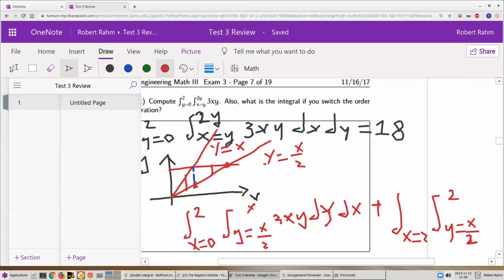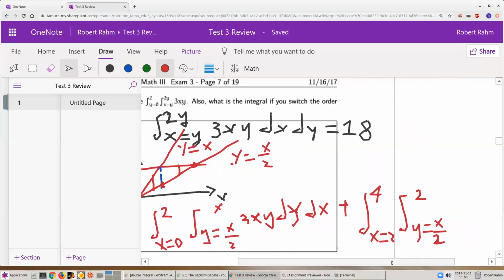So this point satisfies 2 equals x over 2, so that's going to be 4. And now we put the function that we're integrating, 3xy dy dx.